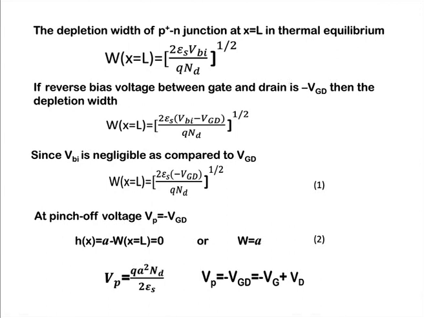So pinch off voltage Vp is equal to Q A square ND upon 2 epsilon s. The pinch off voltage depends on the cross section area of the channel and also on the channel doping. So by changing these we can fabricate junction field effect transistors of different pinch off voltage.